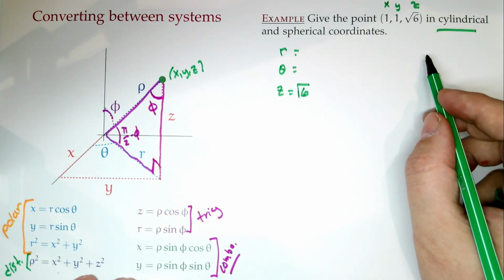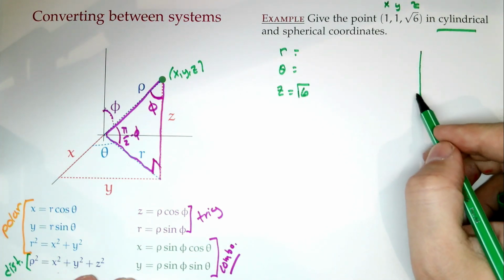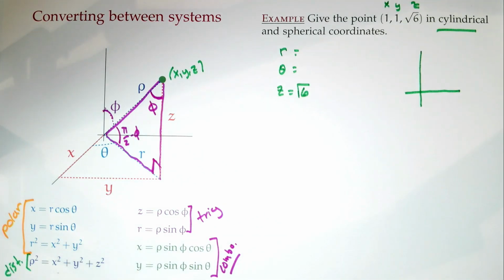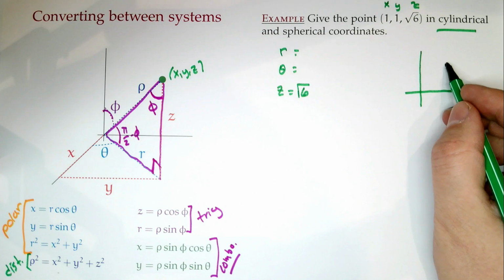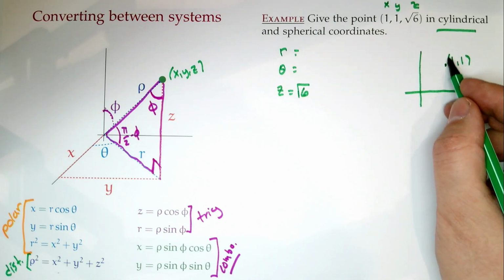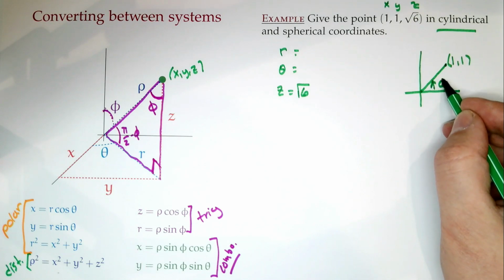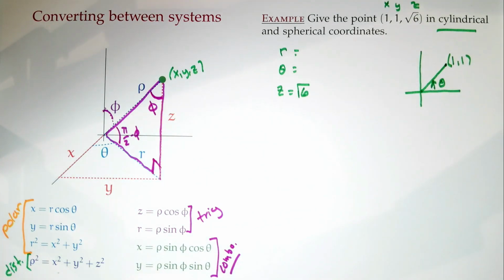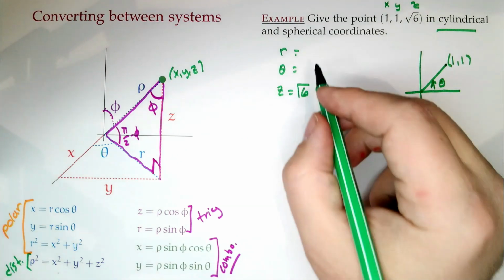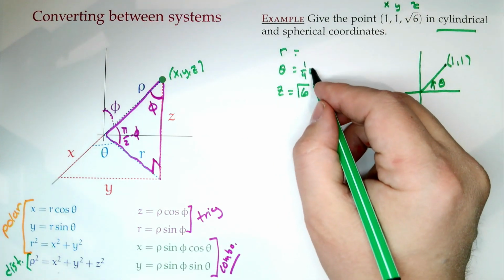Now, as far as r and theta, I can now go back into the xy plane because cylindrical coordinates is polar plus z. So now let's do the polar part. I have a point here, 1, 1. What's my angle theta? Pi fourths, because I'm forming a 45-degree angle, or a pi fourths angle.